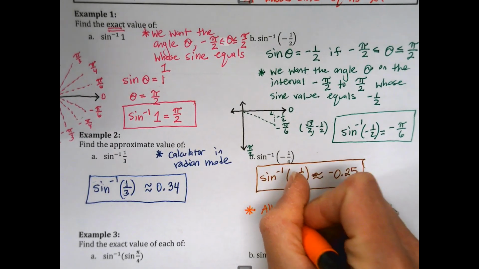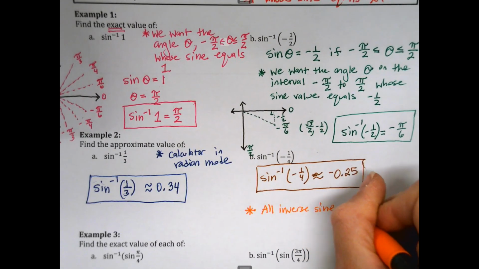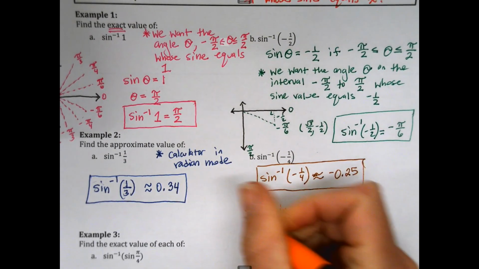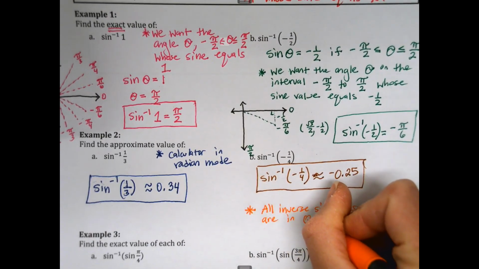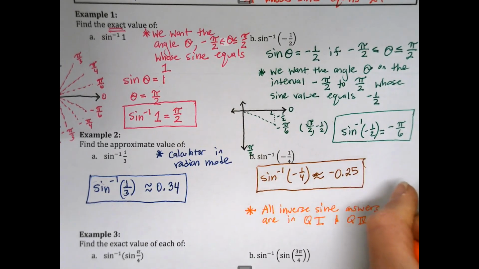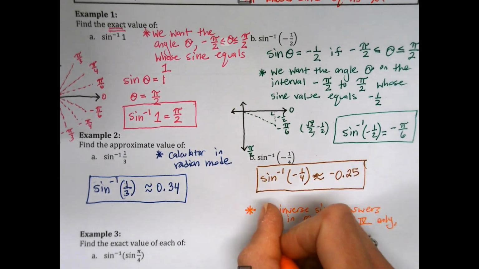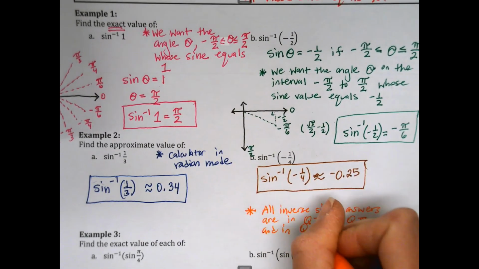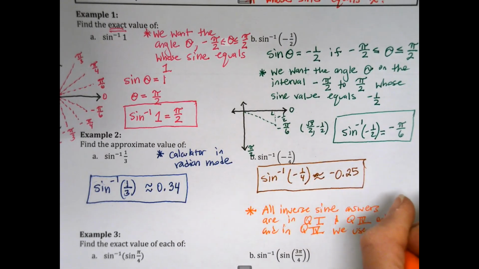So all inverse sine answers are in quadrant 1 and quadrant 4 only. And in quadrant 4, we use negative angle measures.